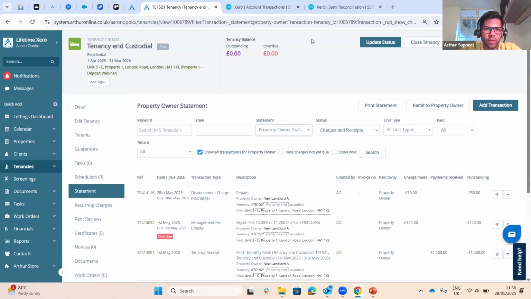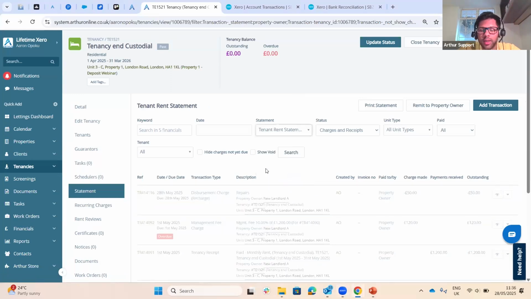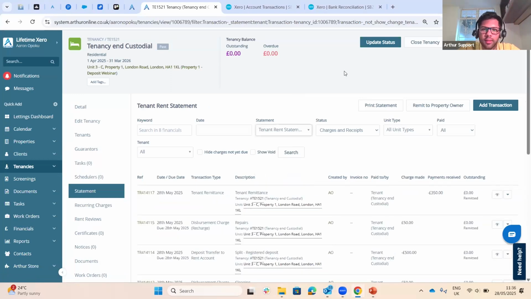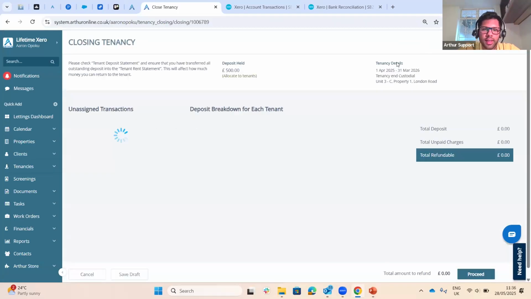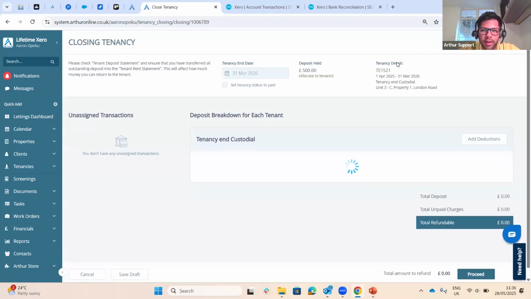So that's an example of how to close a tenancy in a custodial scheme. So the important step, the difference between the insured and the custodial scheme is just making sure you're selecting the correct remittance bank account in here.